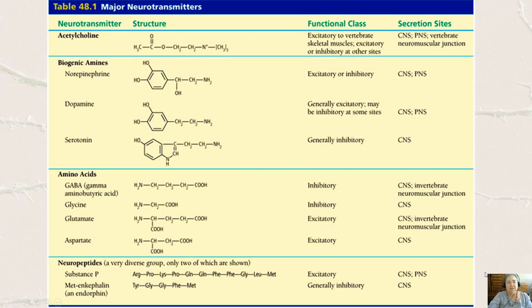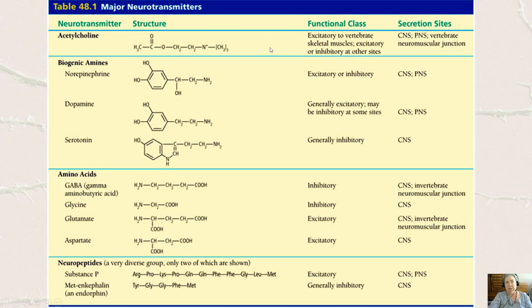This slide just illustrates some of the major neurotransmitters that are used in the nervous system, both the central and peripheral nervous systems. We've already talked about acetylcholine, which is an important neurotransmitter in several systems.